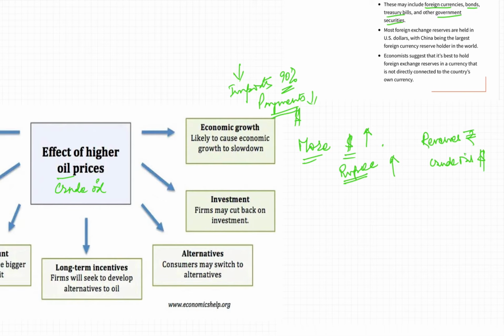Now, in this case, what happens? The rupee becomes weak. In other words, the rupee becoming weak means for every $1, the rupees required may keep on going up, that is, more rupees are needed to buy $1. What is fixed here? This is fixed. For every dollar to go out of the country, you need to have more and more rupees. That means whatever revenues are being generated by the Indian government are going into making payments for crude oil.